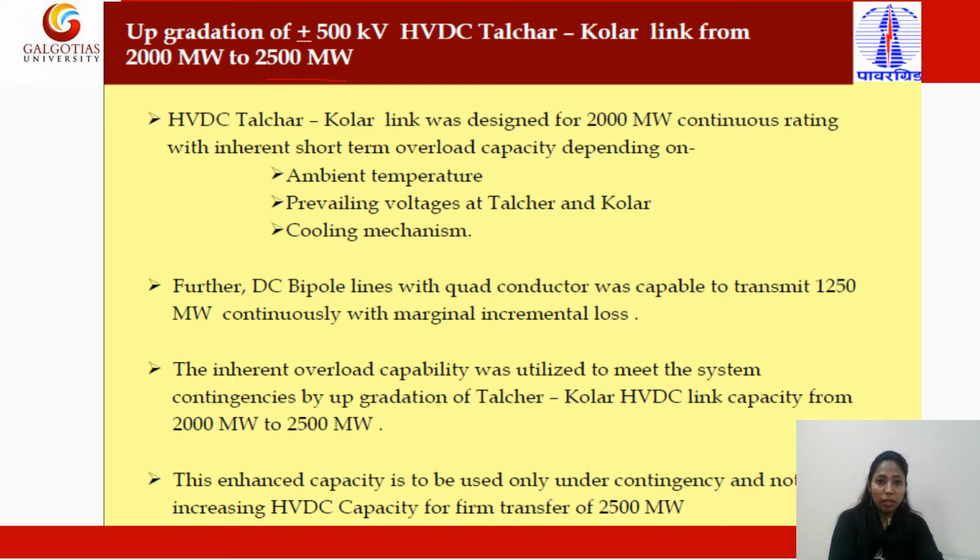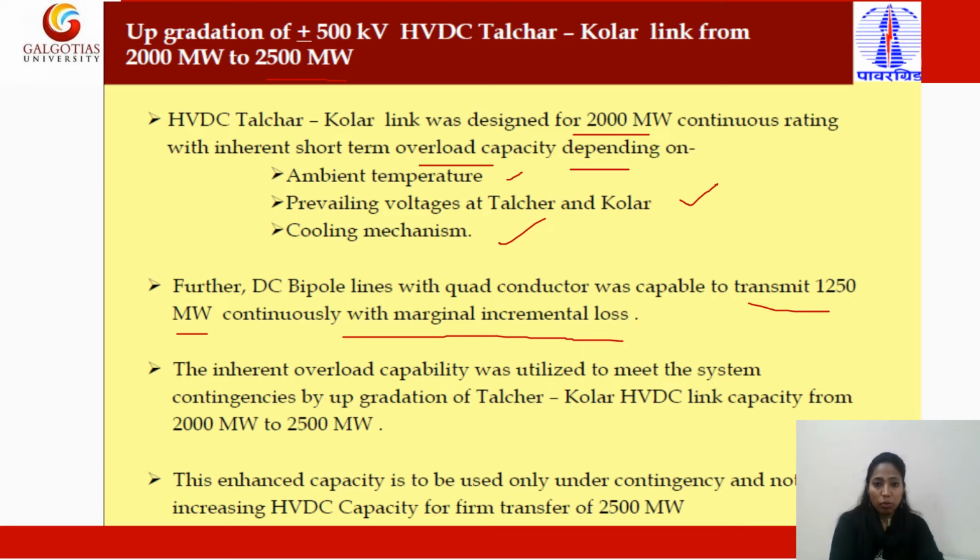The HVDC Talcher Kolar link was designed for 2000 megawatt continuous rating with inherent short-term overload capacity, depending on the ambient temperature, the prevailing voltage at Talcher and Kolar, and cooling mechanism. Further, DC bipole lines with quad conductor were capable of transmitting 1250 megawatt continuously with marginal incremental loss. So the inherent overload capability was utilized to meet the system requirement.